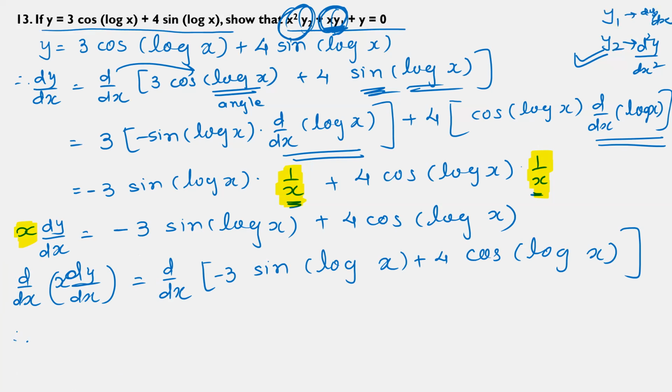The product rule must be applied at the left hand side also now. So x as it is, differentiation of dy by dx, so it is x times d2y by dx square, plus dy by dx as it is, and differentiation of x, dx by dx. I had to apply the product rule on the left hand side.